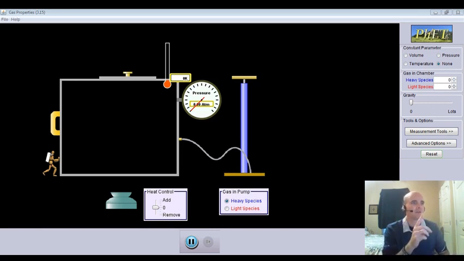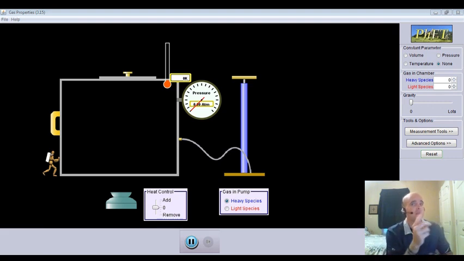Imagine the point of my finger is one gas molecule. It is moving and bouncing on the side of my screen right here. Boing, boing, boing. There are two factors going on when my gas molecule collides with its container.